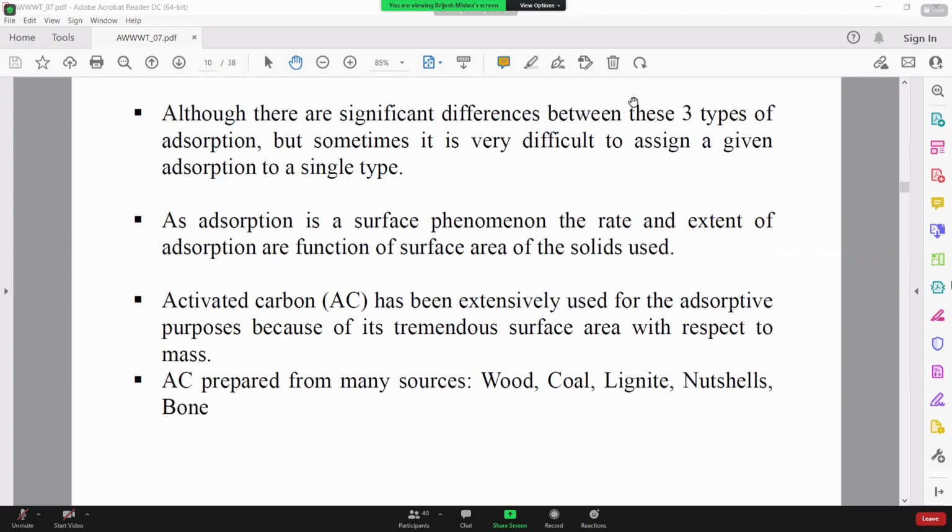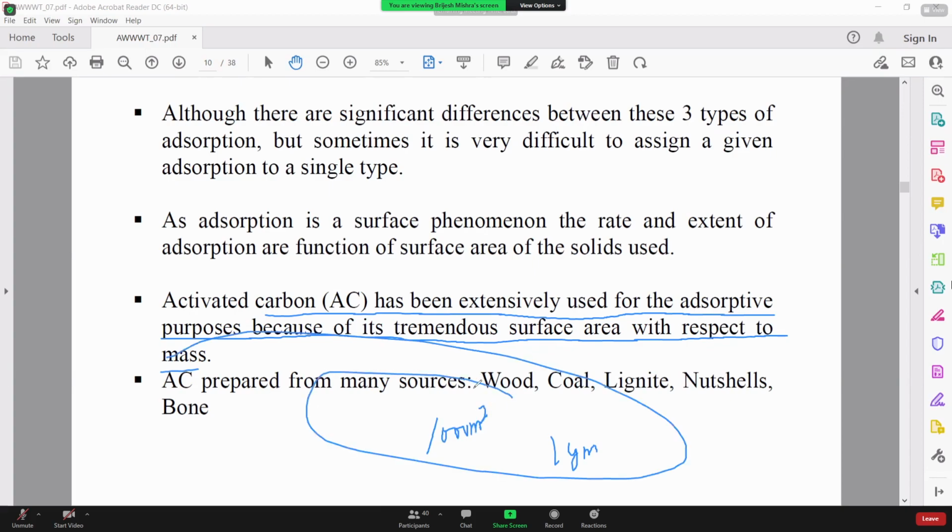So activated carbon has been extensively used for adsorptive purposes because of its tremendous surface area with respect to mass. In 1 gram, how much did I show? 1000 square meters. That is the quality.